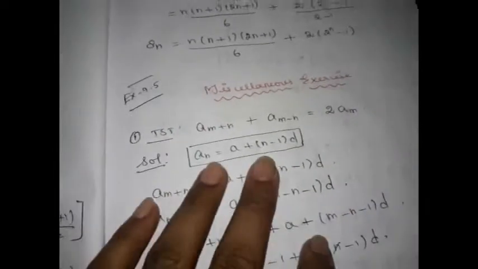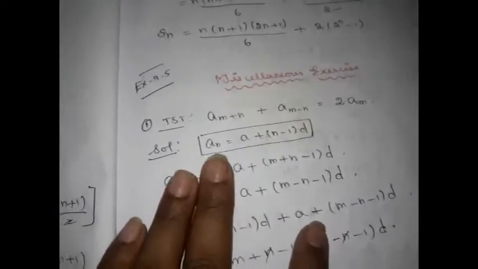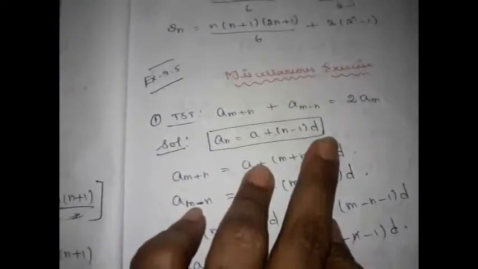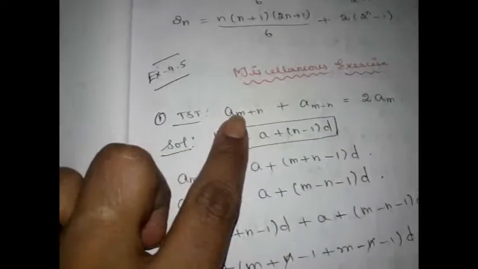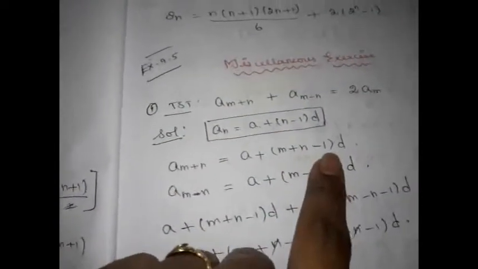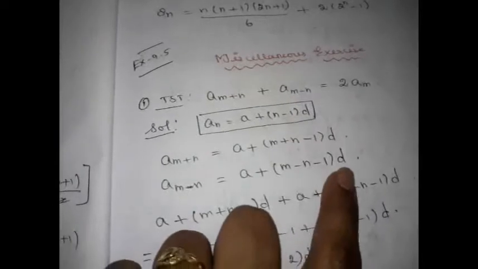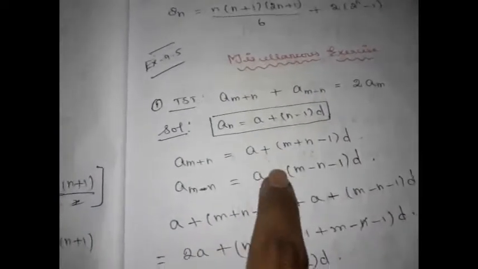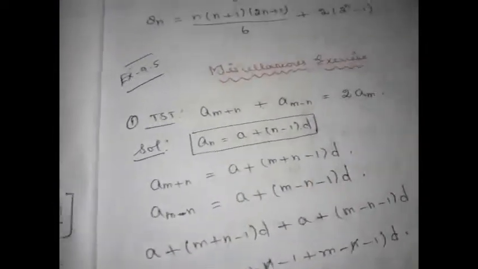We know the formula for a(n), right? A plus (n minus 1) times d. In this formula, first substitute n as m plus n and you will get one equation. Then substitute m minus n and you will get another equation. Add these two and check whether you are getting 2a(m), which can be easily arrived.